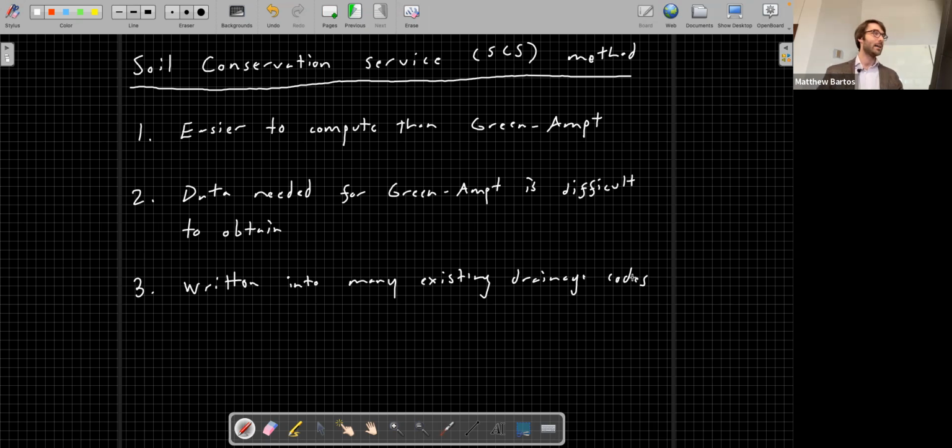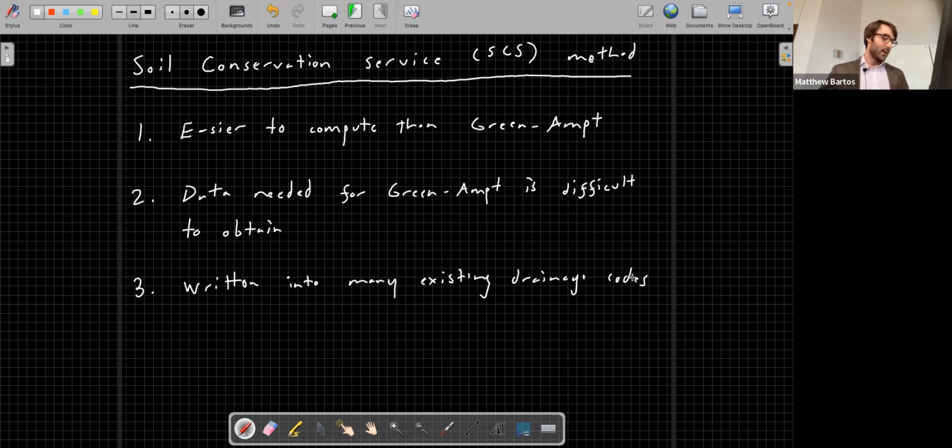Conceptually, you can think of the SCS method as an empirical approximation of the Green-Ampt method. It treats a stormwater basin as a set of hydrologic units that are classified by their land cover, their soil type, and their antecedent wetness or initial moisture content.